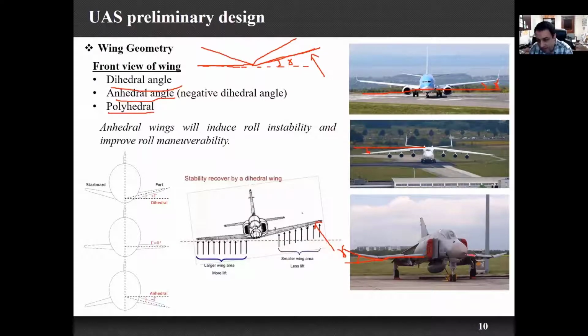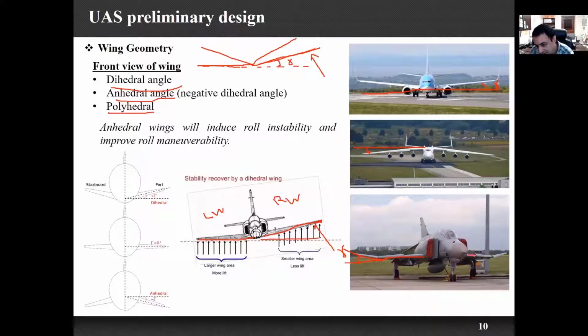Since this is a better picture, I'm going to show you here. Since we have the disturbance here, and our wing has a dihedral angle, this is half of my wingspan, and this is the other half of my wingspan. The lift generated in the left wing is going to be more than in the right wing, because we always consider the projected surface area.